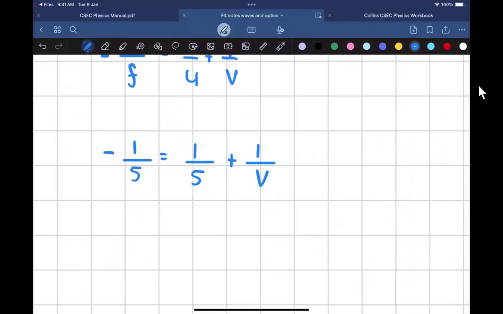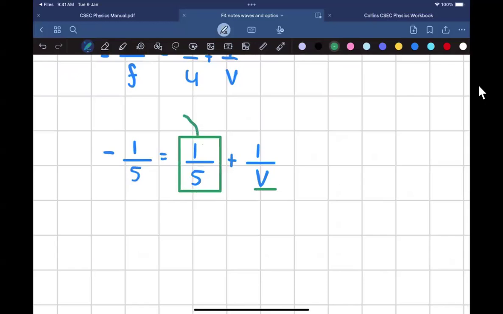Basic maths: if you're trying to find something, you move across everything that doesn't have the unknown in it. In this equation, what is the unknown? The v. Does the 1 over 5 have v in it? No. So everything that doesn't have v in it, you move across. I'm going to take the 1 over 5 and move it across.